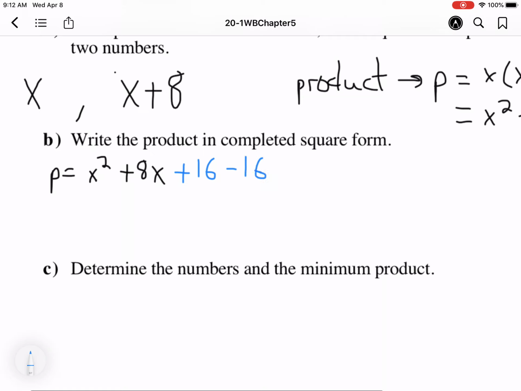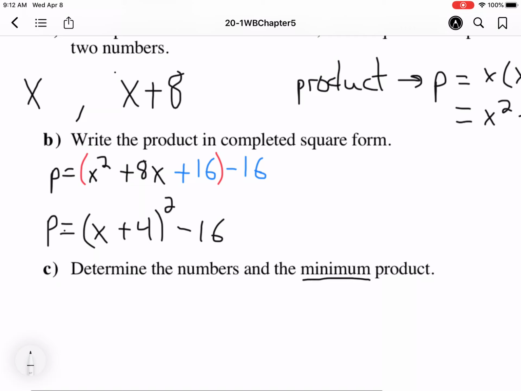Then I'm going to take a look at just this part, and I can add brackets, as long as it's in a good place. We're going to break that down, and we're going to be left with P equals x plus 4 squared minus 16.